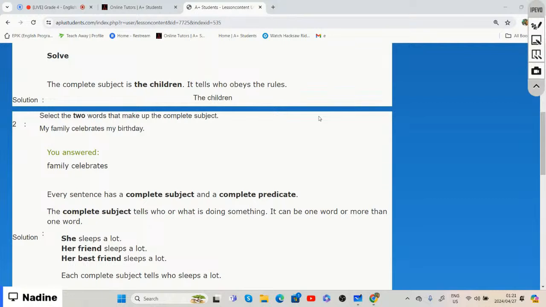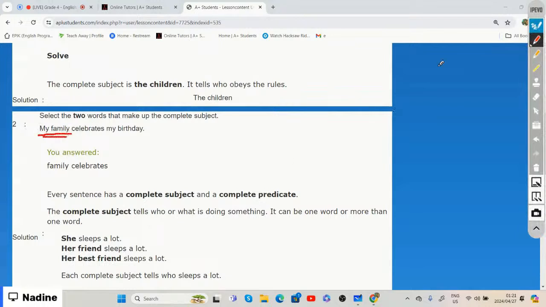All right, so if we were to select the two words, we would say my and family. So my family. What is your family doing? They celebrate my birthday. Right? So the two words are our subject.